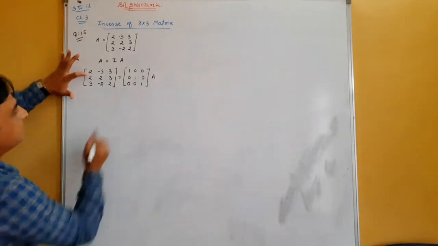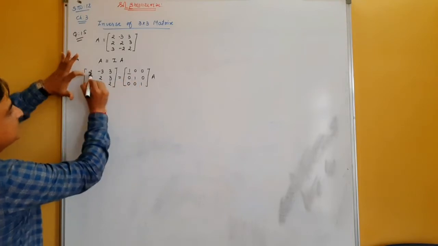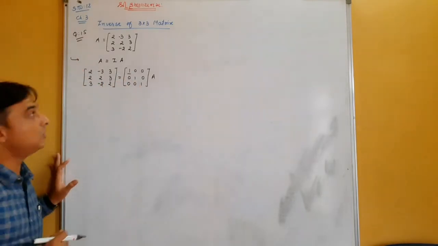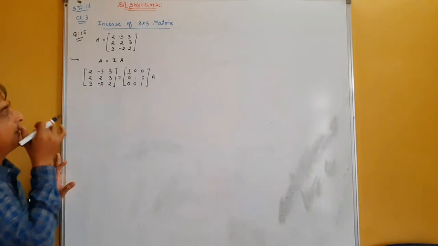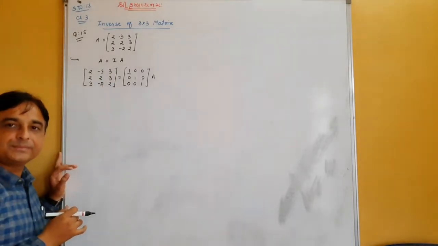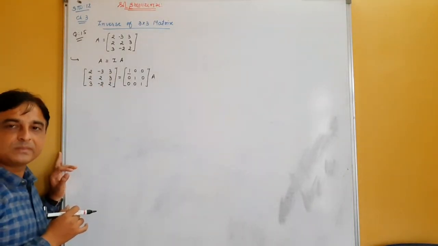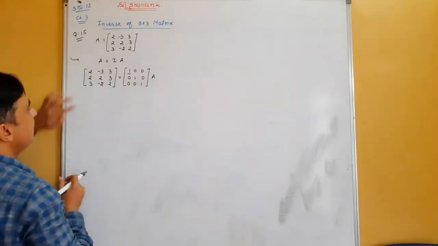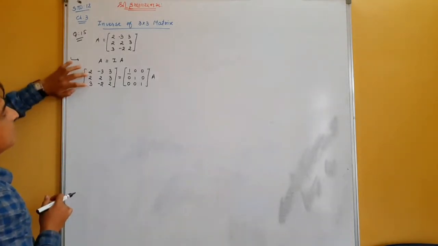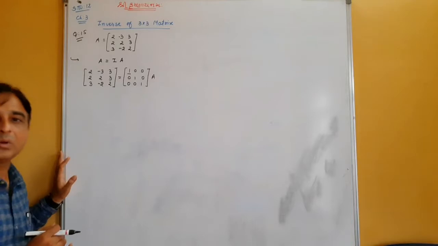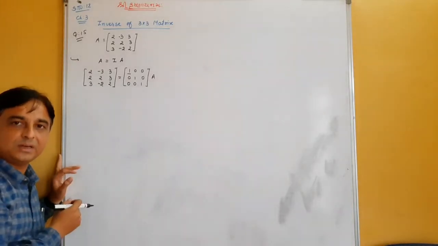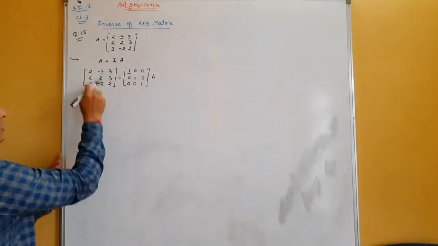First make the first element 1. To make it 1 we have to divide by 2, or exchange the first and third row. So we are doing like that.